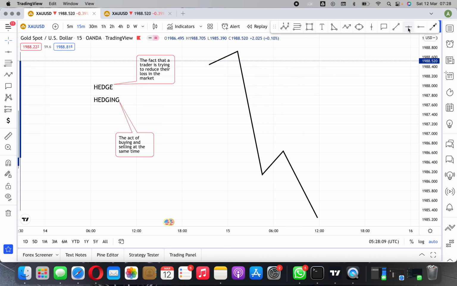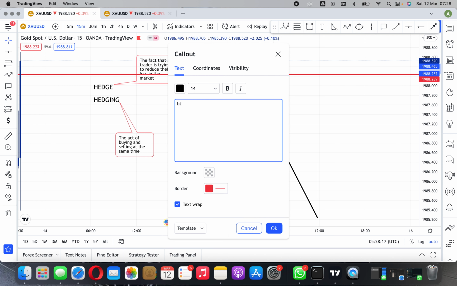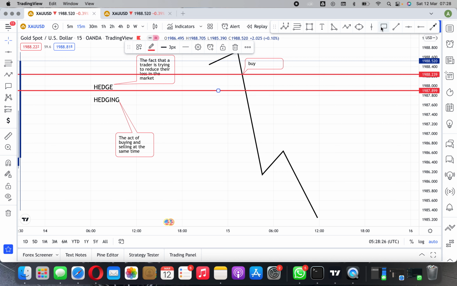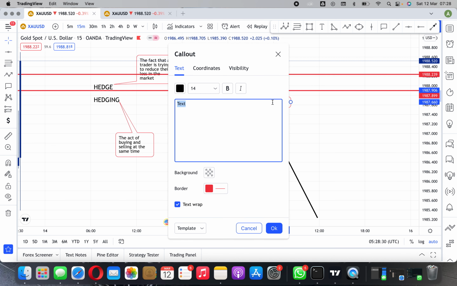Let's say you placed a buy here, but the market keeps selling. After you realize that this market is selling, you now place a sell, without knowing the time the market is going to reverse back.